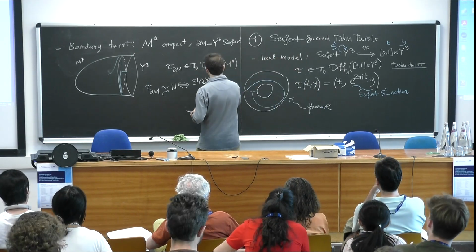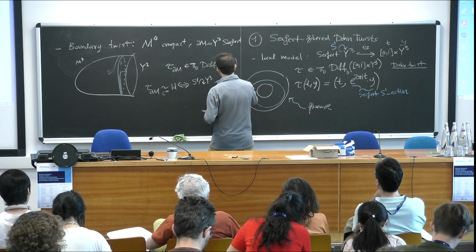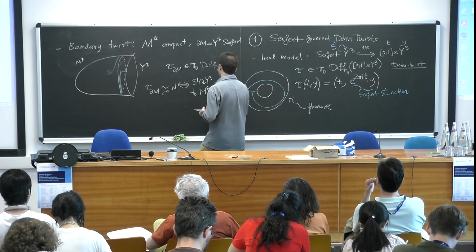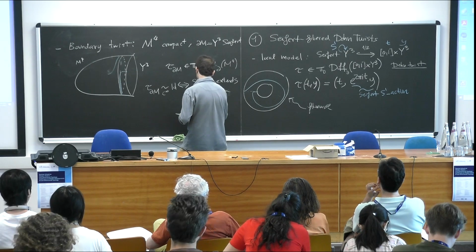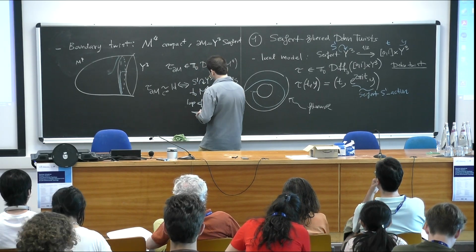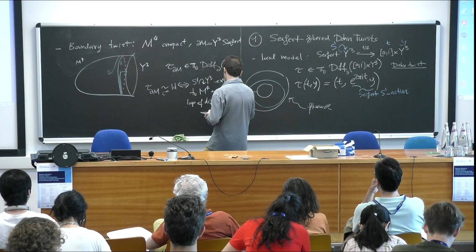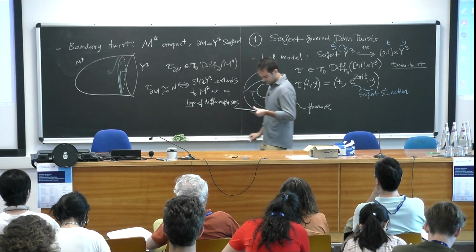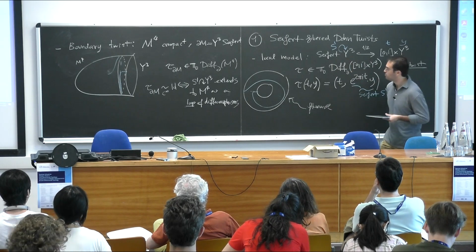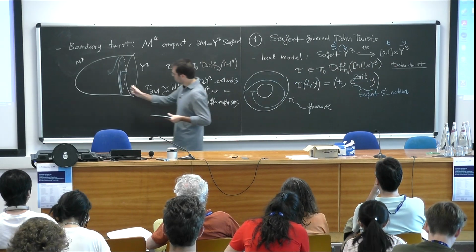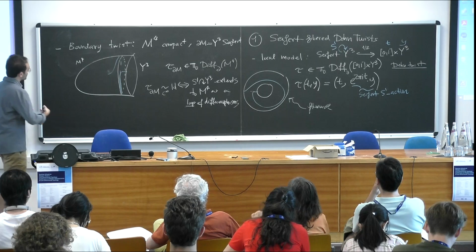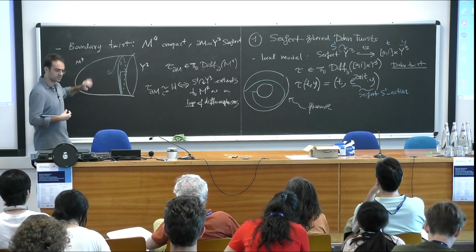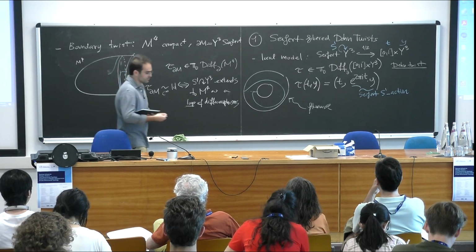So this extends to M as a loop of diffeomorphisms. I'm going to be talking about boundary Dehn twists on 4-manifolds, and I'll be interested in the case where M is a symplectic manifold with contact boundary.